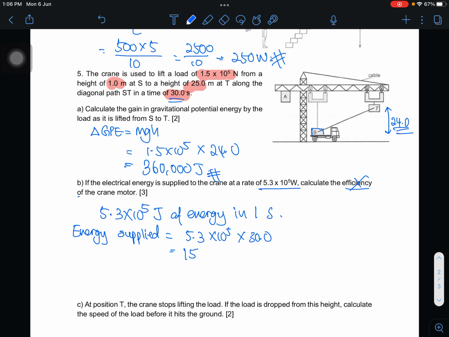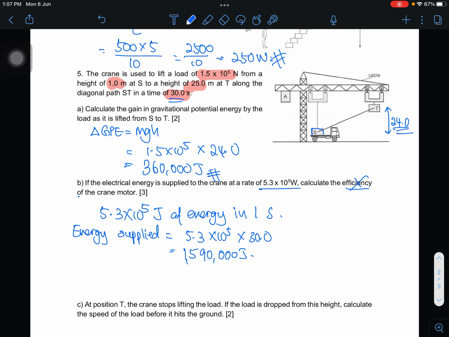So the crane actually supplied 1.59 million joules of energy in 30 seconds. However, what is the energy gained by the load? Sorry, not the crate, the load. The load only gained 360,000 joules of energy, but the crane actually supplied 1.59 million joules of energy.